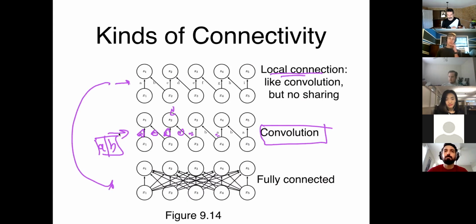Here we have this locality feature, but there is no parameter sharing going on. So this parameter is different from this. It's not like convolution.